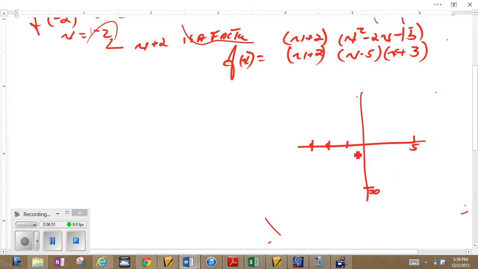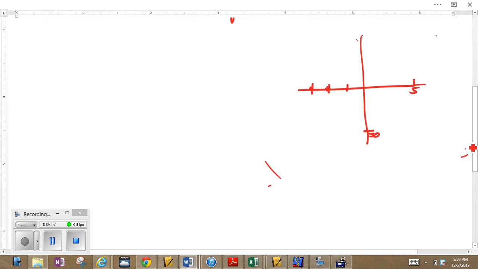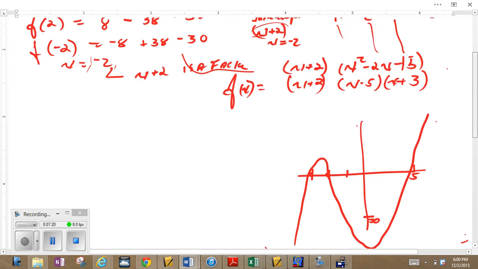It's maybe a little off scale. We said initially what our shape was going to be up here, so we're going to thread the shape through those points, rising, going through the negative 3, going through the negative 2, coming down, and then going back up. I'll rescale that since I missed my negative 30. So that's the idea, though.